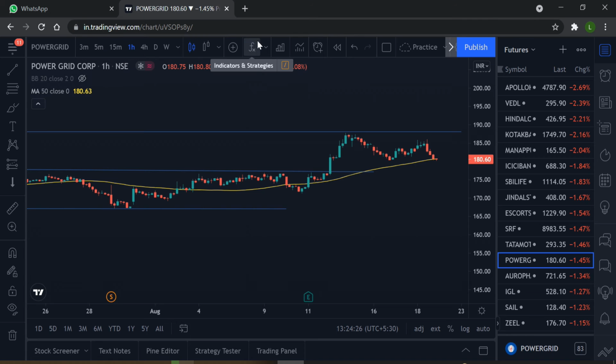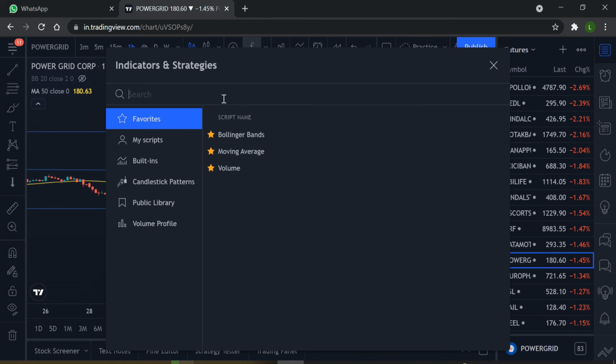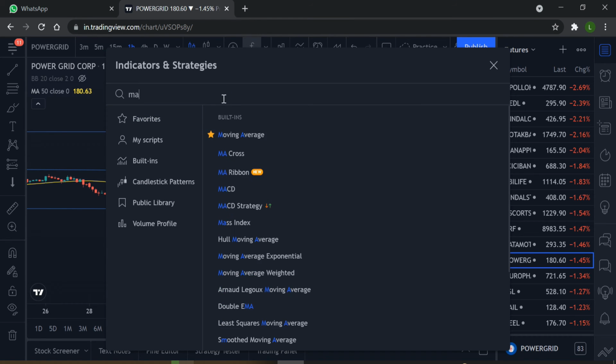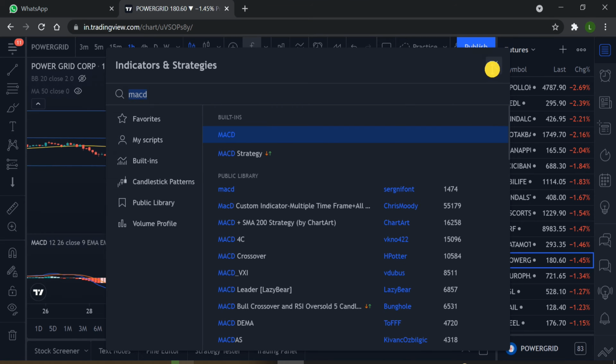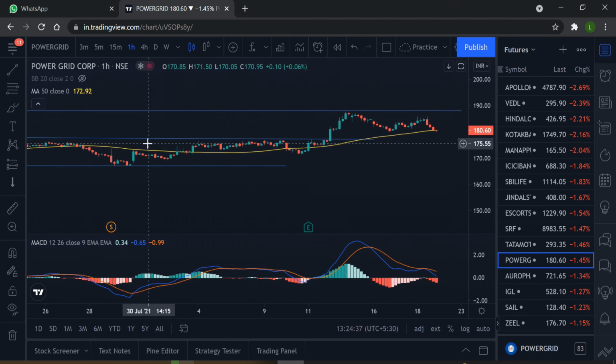So let's take the MACD indicator. Again, MACD we take as it is with default settings. There is a center line, we call it the zero line. If you see here, there is the zero line here.